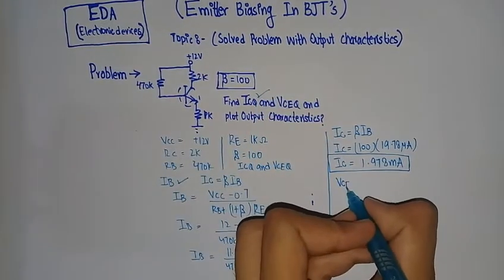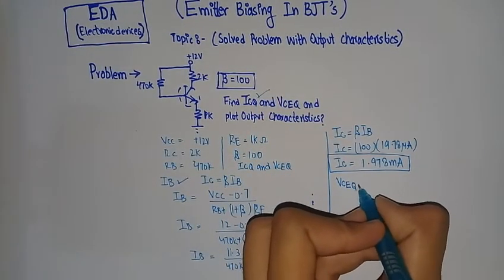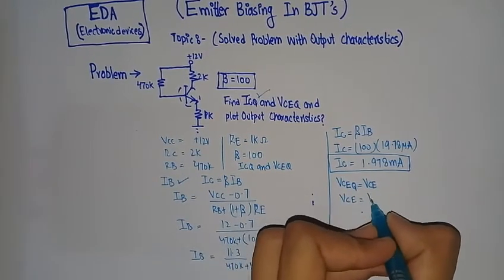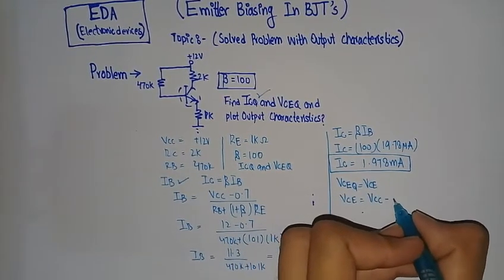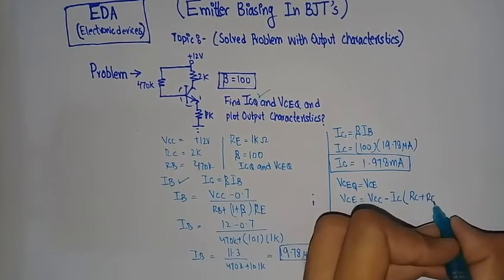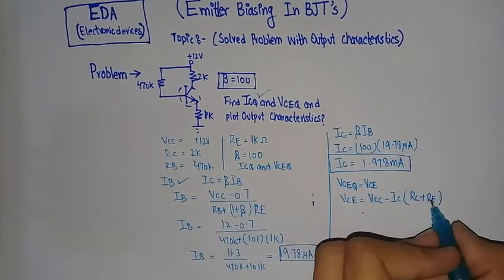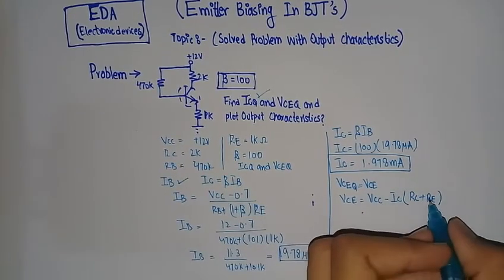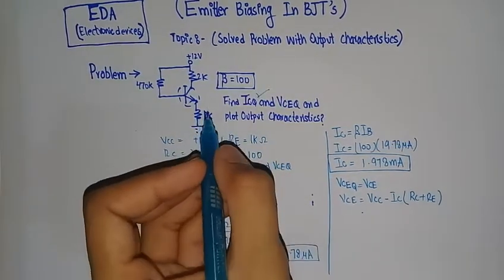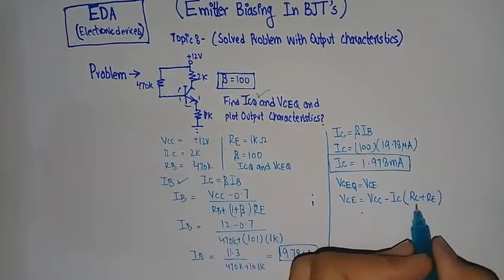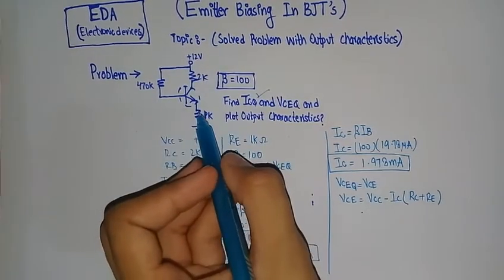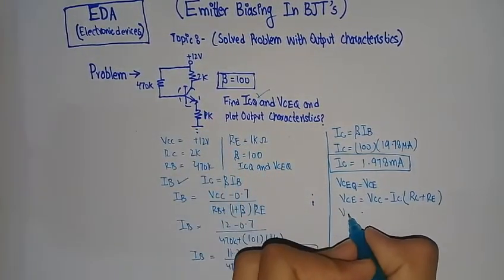Now you can find the VCE value, VCEQ or VCE. So VCE will be equal to VCC minus IC times RC plus RE. In fixed biasing there will be no RE, but in the emitter biasing circuit, because the resistance RE is present, we will add the RE resistance, because the battery voltage also drops over this resistance.